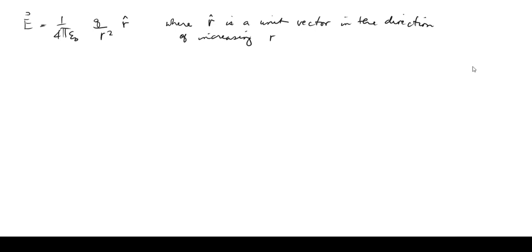Okay? So if we want to add electric field due to a number of point charges, then the equation applies the principle of superposition, where the resultant E is equal to E1 for charge 1 plus E2 for charge 2 plus all the charges up to charge n.